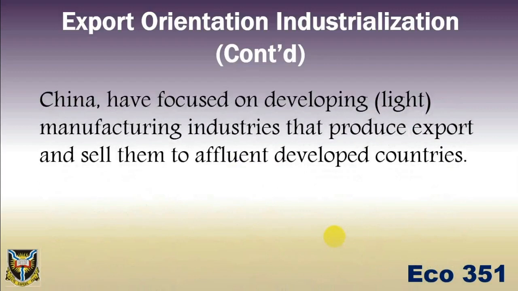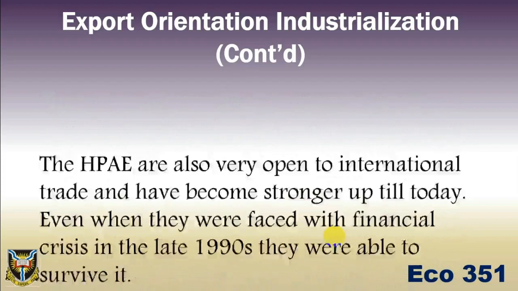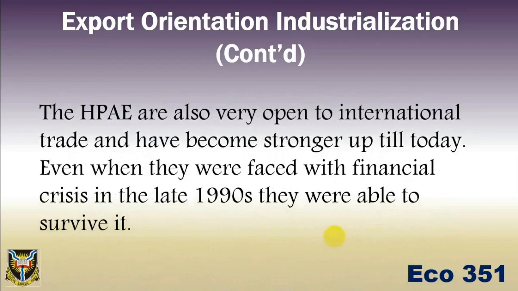As a result of this, the growth rate of GDP in China was reported to average 10% in the 1990s. The high-performance Asian economies are also very open to international trade and have become stronger up to today, even when they were faced with financial crises in the late 1990s. They were able to survive it.